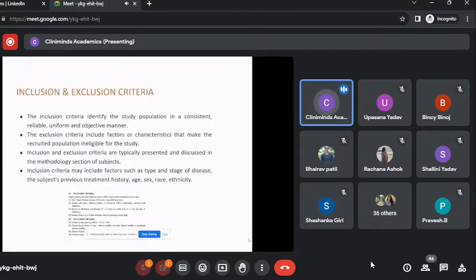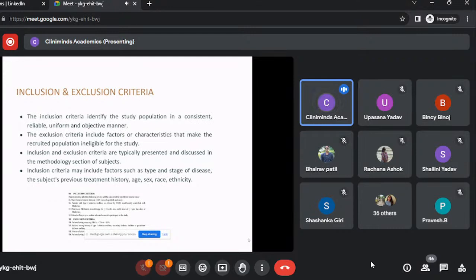If there is any alcohol or drug abuse, they will not take them. If they recently participated in a clinical trial, they will not take them. Usually it is 30 days, a criterion we can see is the same for every study. So these are some criteria common in our exclusion criteria.